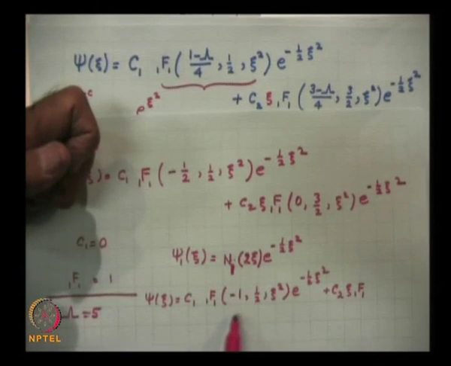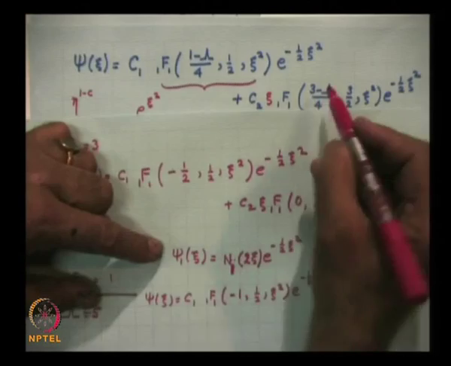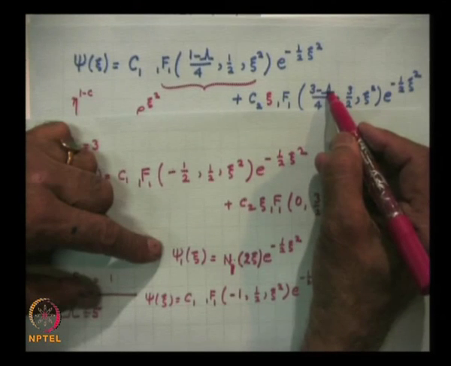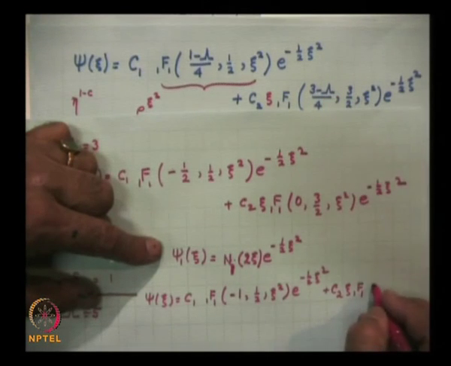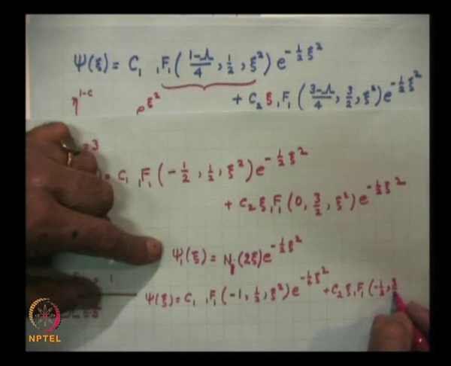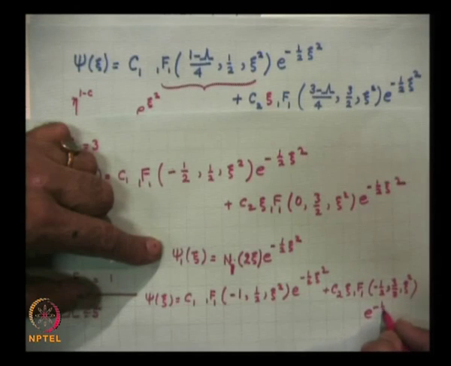Now this is lambda is 5. So, 3 minus 5 by 4, that is minus 2 by 4 is minus half, 3 by 2 into xi square times e to the power of minus half xi square.